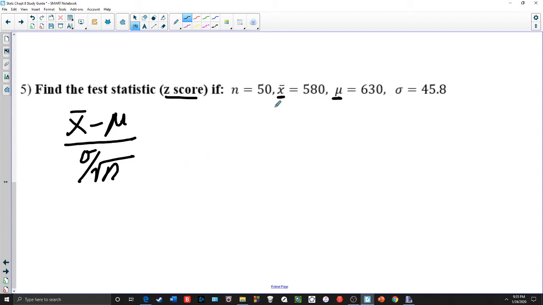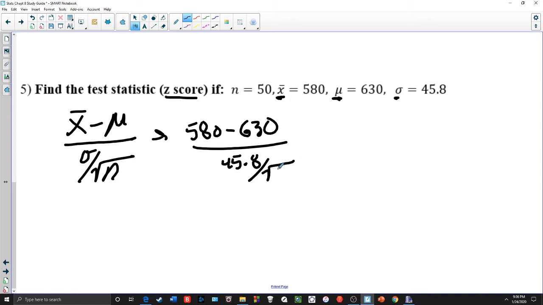But your key notations here are x bar, mu, sigma. So if you don't know what formula to use, use the one that matches the variables that you're given. So in this case here, we have 580 minus 630 over 45.8 over root 50.